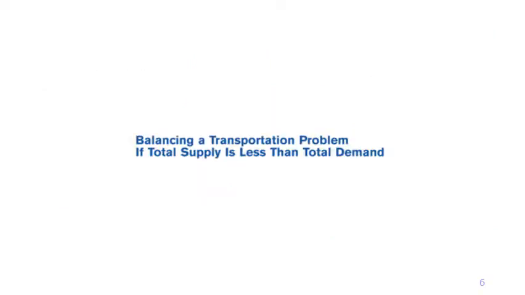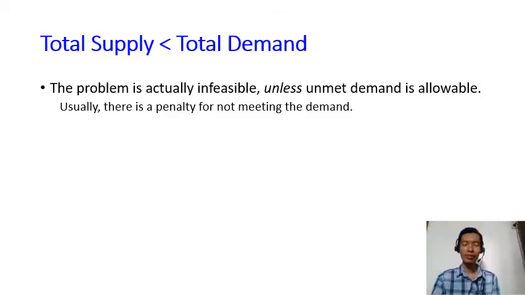The other possibility is the other way, if our total supply is less than the total demand. When we do not have enough supply capacity to fulfill the demand, this problem is actually infeasible, right? Because there's just no way to produce what the demand point wants, okay?